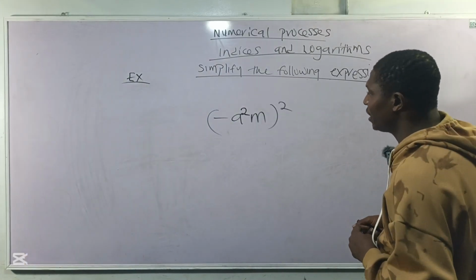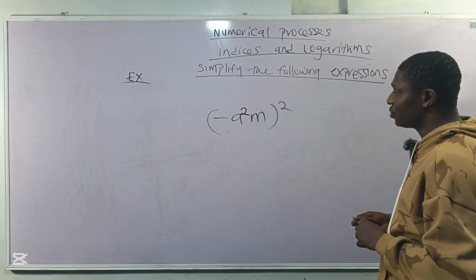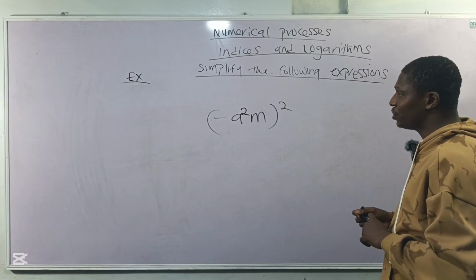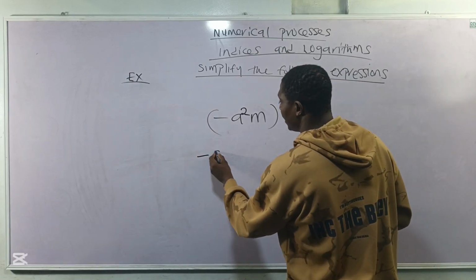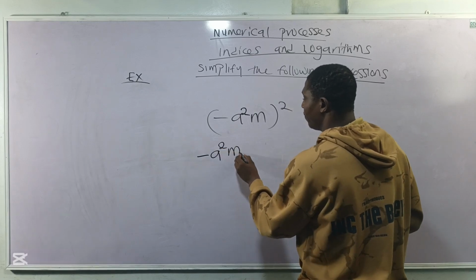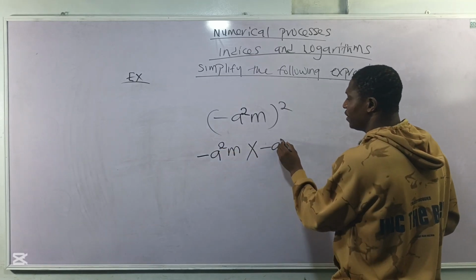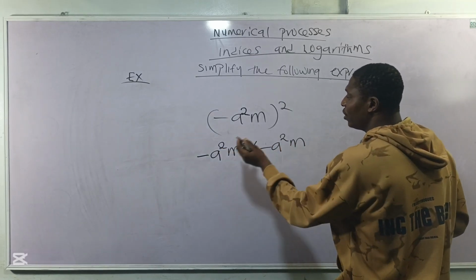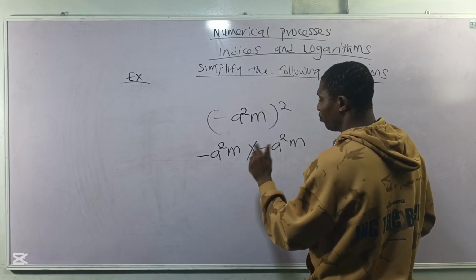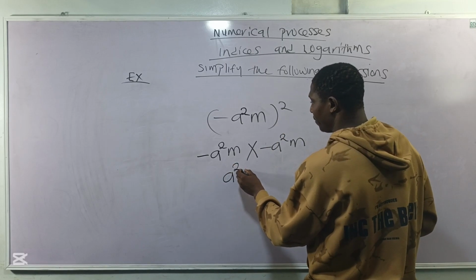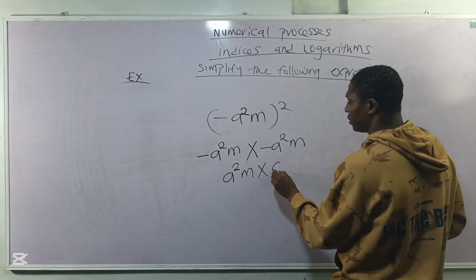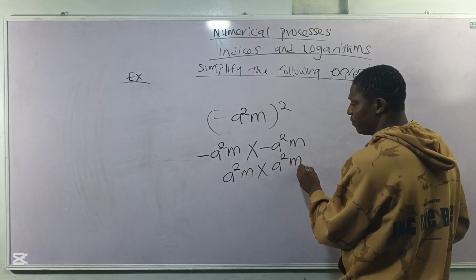We have minus a square m, all in bracket, raised to the power 2. How do we resolve this? This can be resolved as negative a square m times negative a square m, which gives you negative is what? Positive. So we have a square m times a square m.